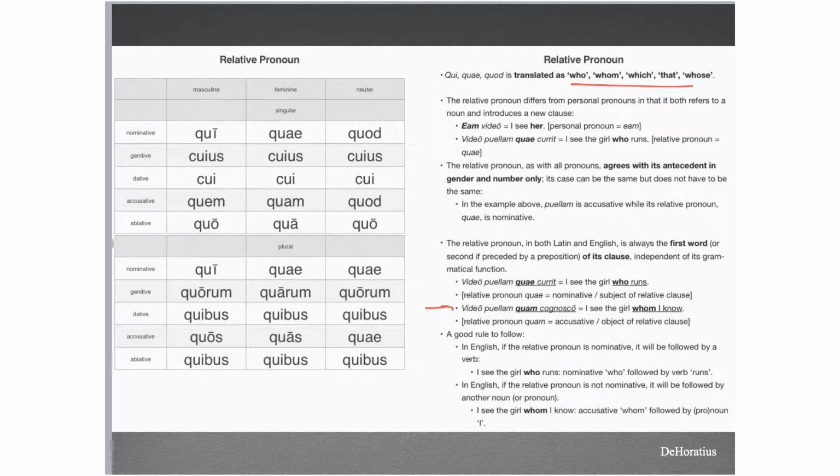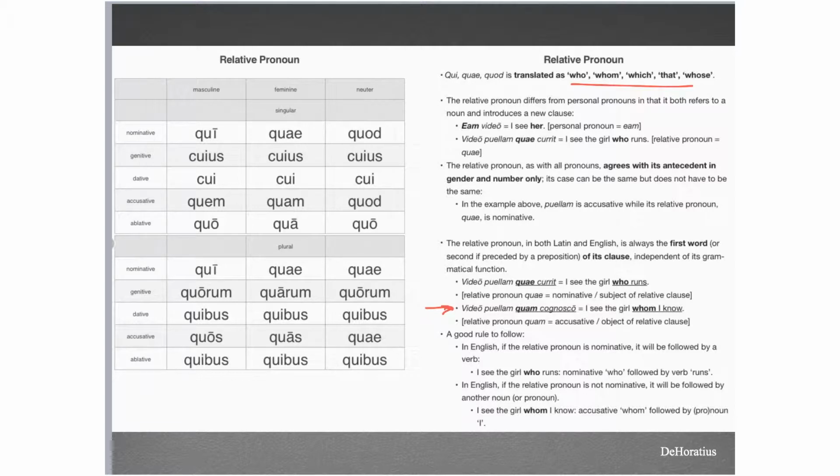So if we look at this example here, video puellam quam cognosco, I see the girl whom I know. So quam is accusative in Latin, whom is objective in English. But even though it's a direct object, it comes at the beginning of its clause, and that can pose confusion for English speakers, because we're very used to word order determining function as opposed to form.